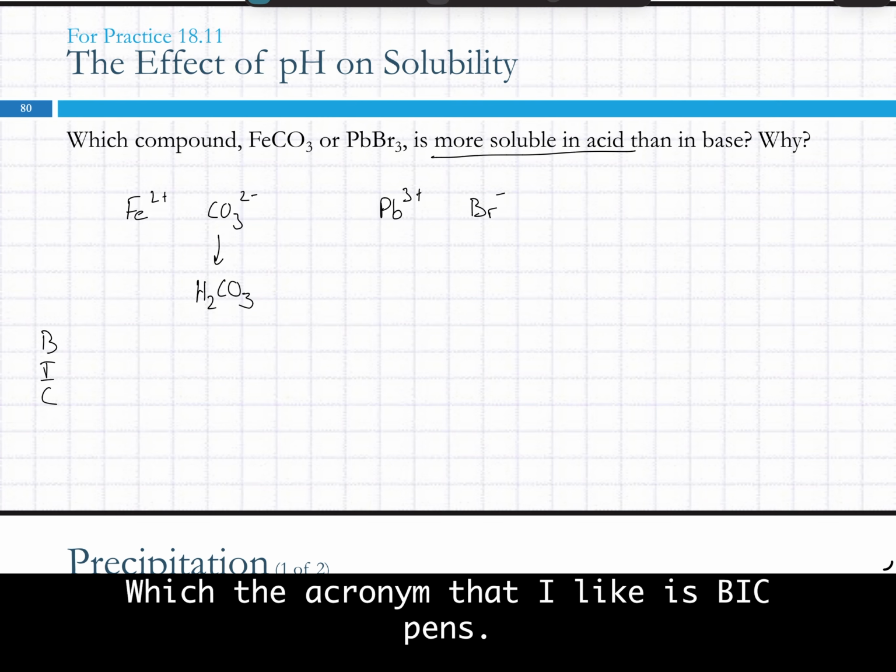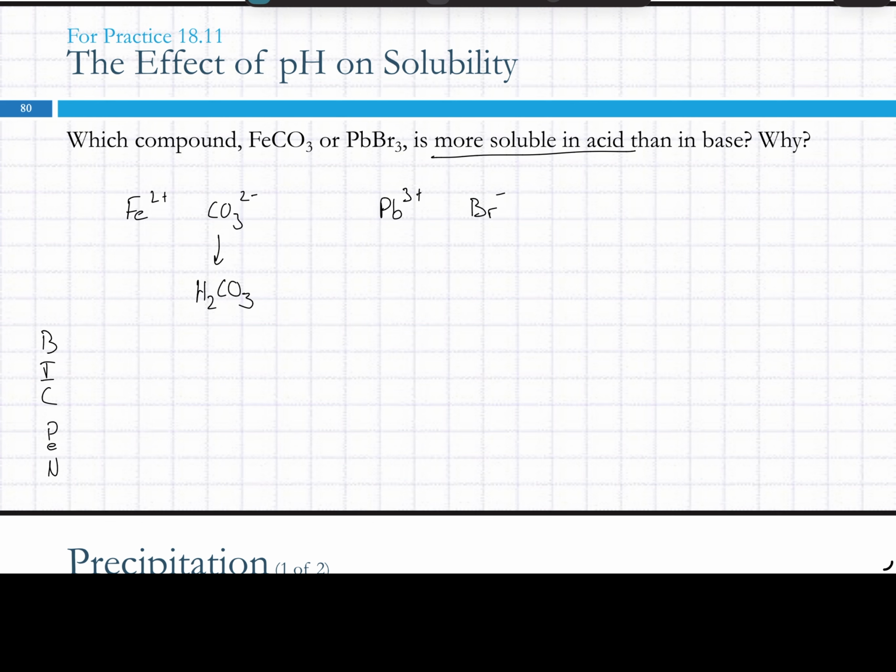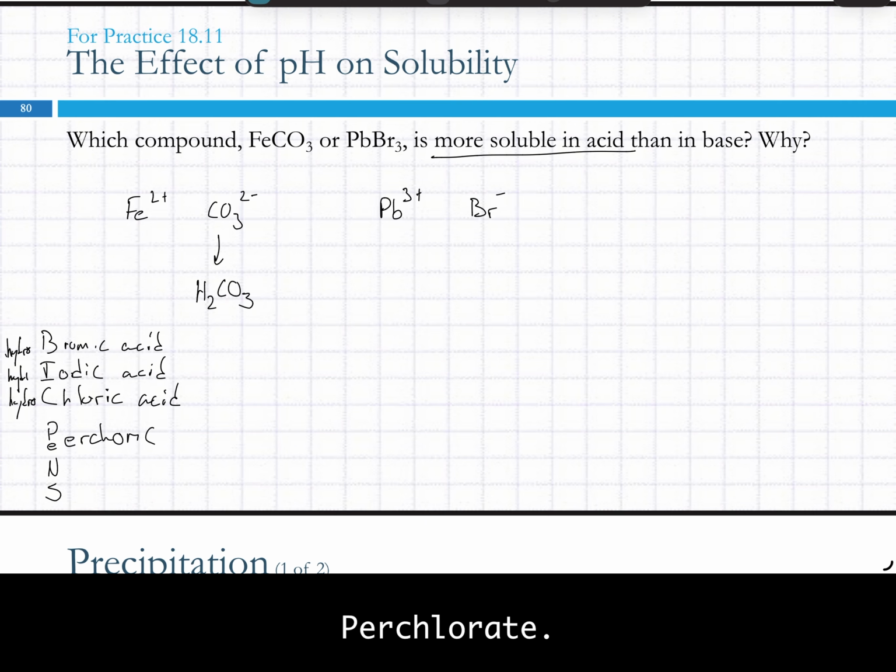The acronym that I like is BICPENS, which is these: hydrobromic, hydroiodic, and hydrochloric acids, and then perchloric, nitric, and sulfuric acids.